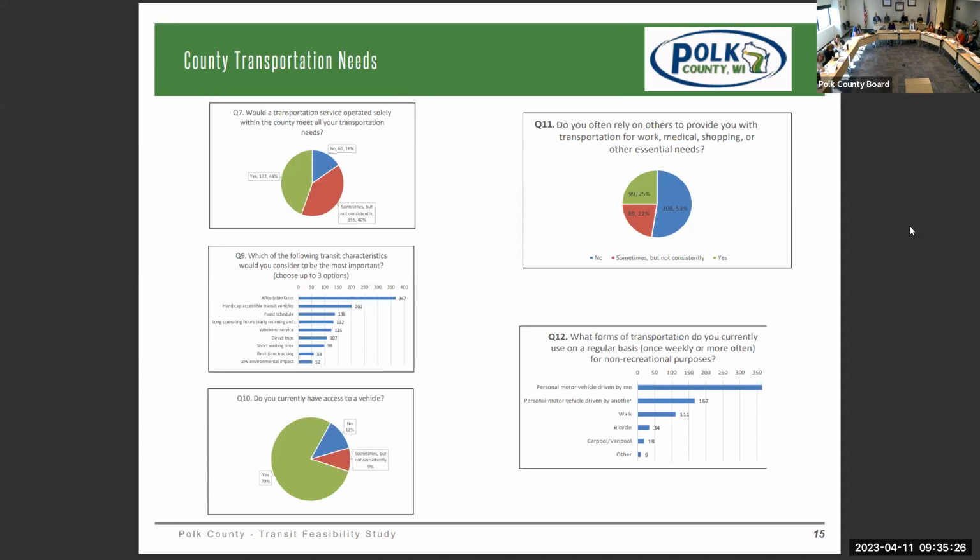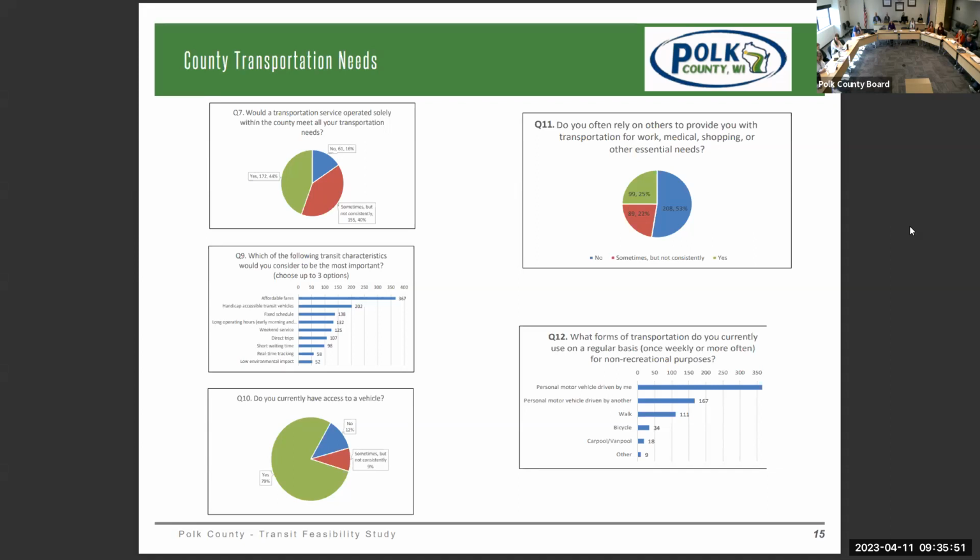Question 9, what's the most important thing that would encourage you to use transportation? Cheap. They want affordable fares. Most people who answered this had access to vehicles, but we still had almost 20% that didn't, or whose vehicle wasn't reliable. Then question 11 was an interesting one, particularly when you compare it to question number 10.